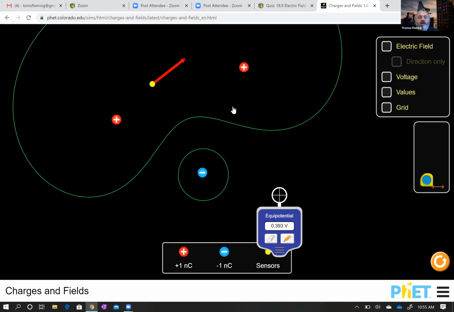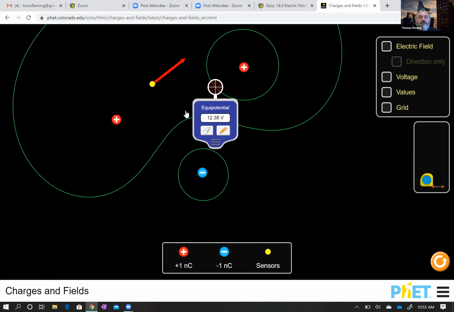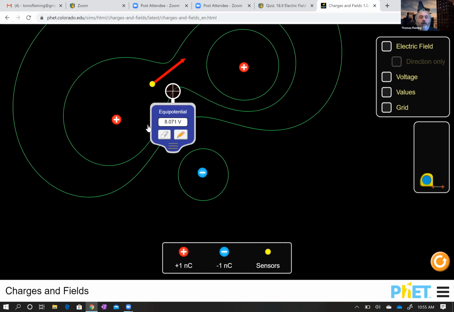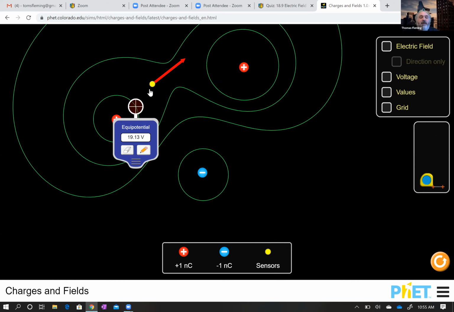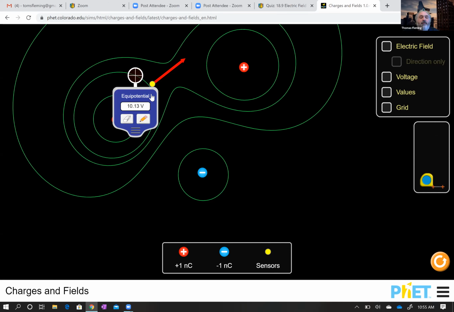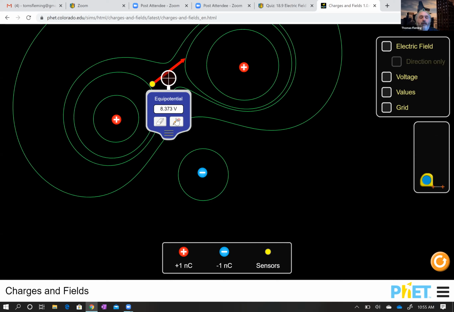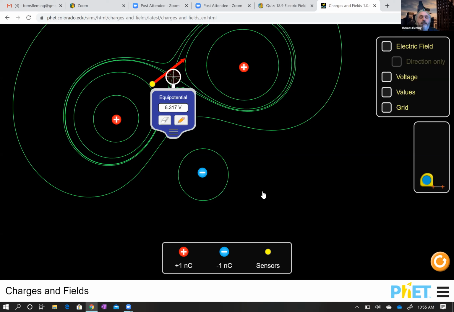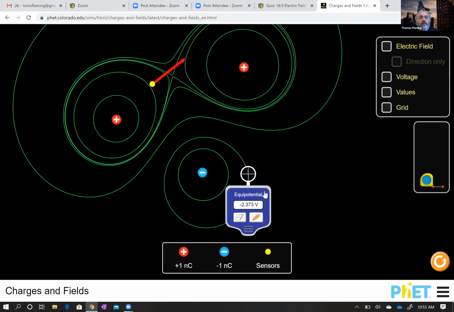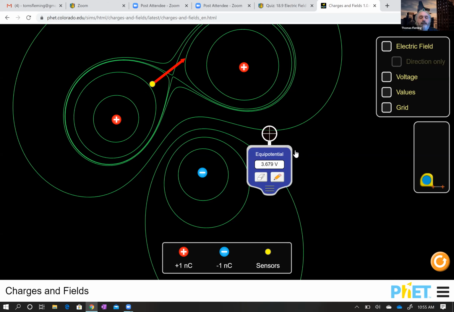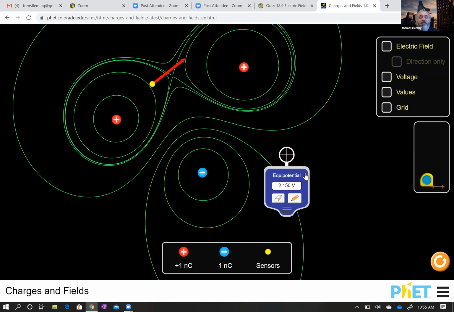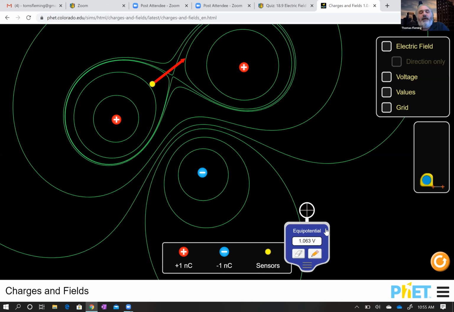And what's going to happen is if I just kind of map out a bunch of equipotentials, you can see that I've got a very unusual looking pattern, right? Everywhere on each of those surfaces, V has a single value.